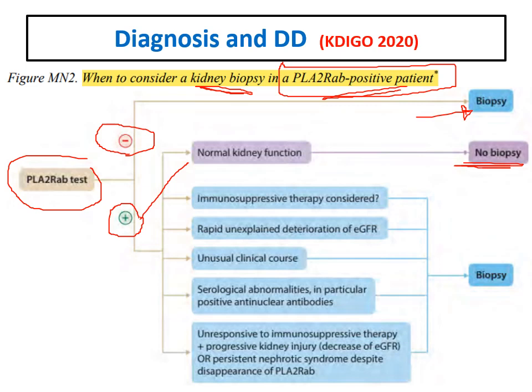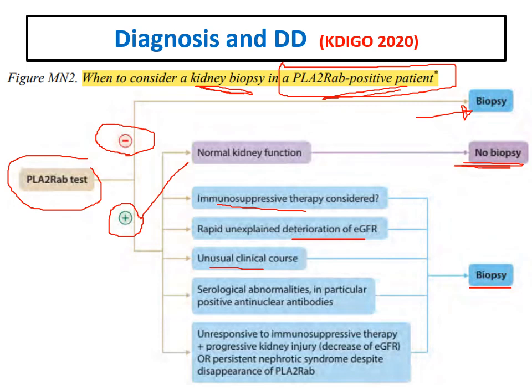But if a patient is in one of the high risk categories and immunosuppression is needed, we should ask for a biopsy. If there is deterioration of the GFR, we should ask for a biopsy. If the clinical presentation is unusual, we should ask for a biopsy.